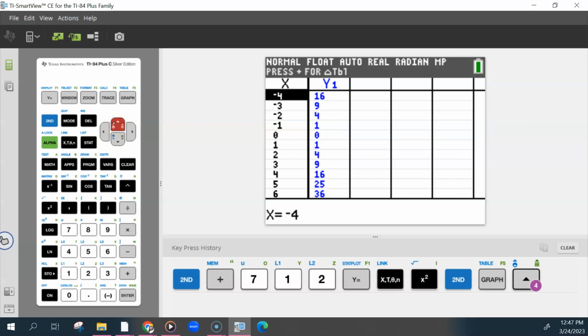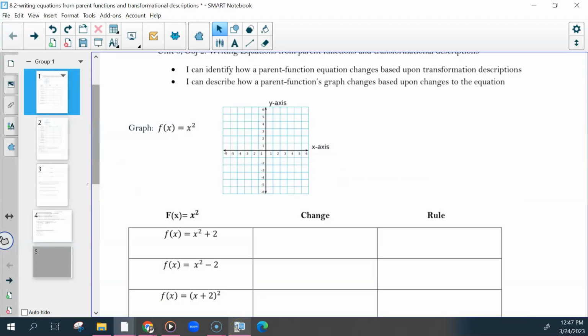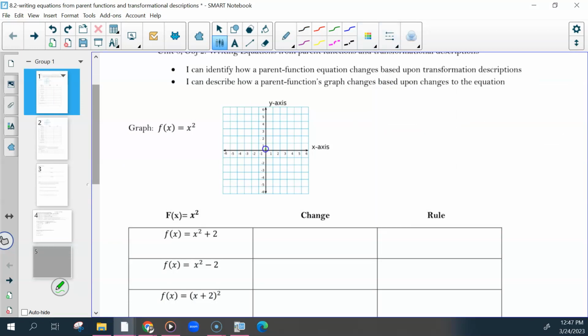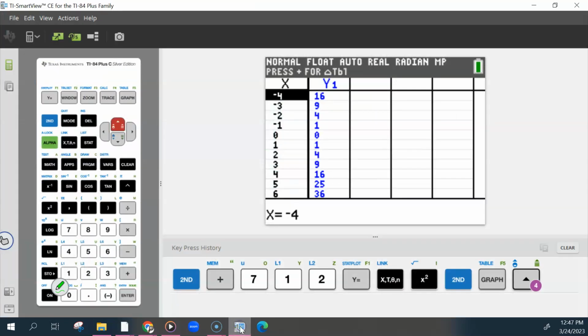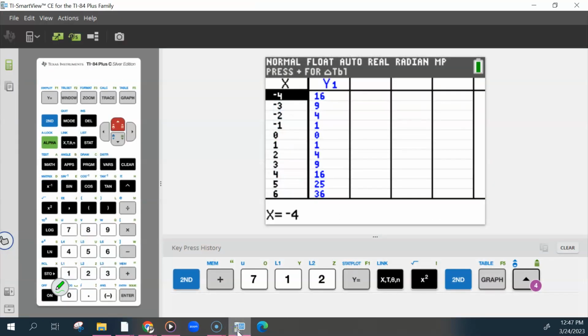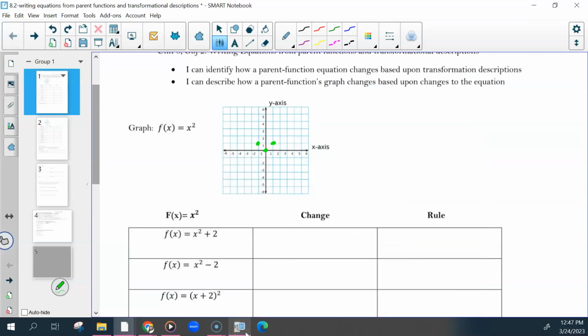So 0, 0 would be our middle. And then we have negative 1, 1, and 1, 1, plot those points. Negative 2, 4, and 2, 4, plot those points.